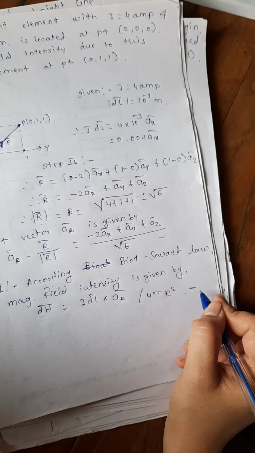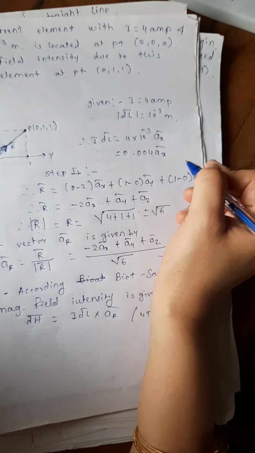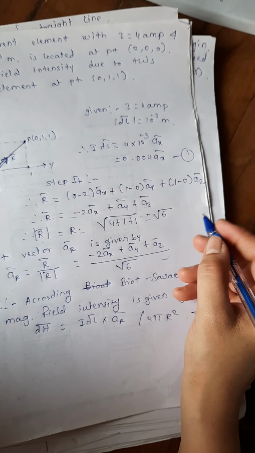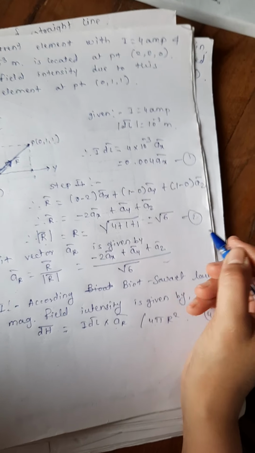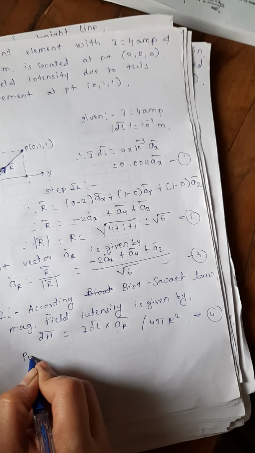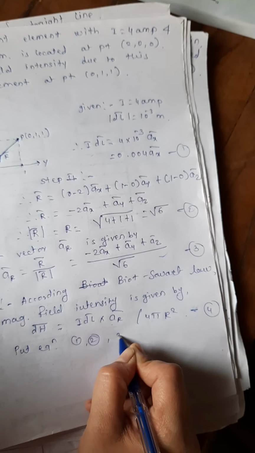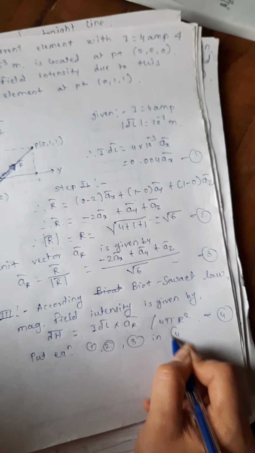So this is equation number 4. It is equation number 1, this is 2, 3, and equation 4. Now we put equations 1, 2, 3 in 4.